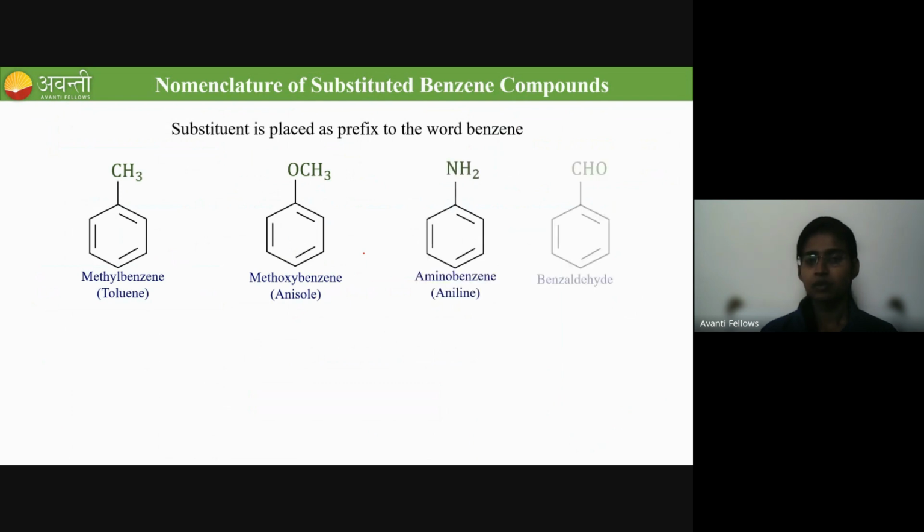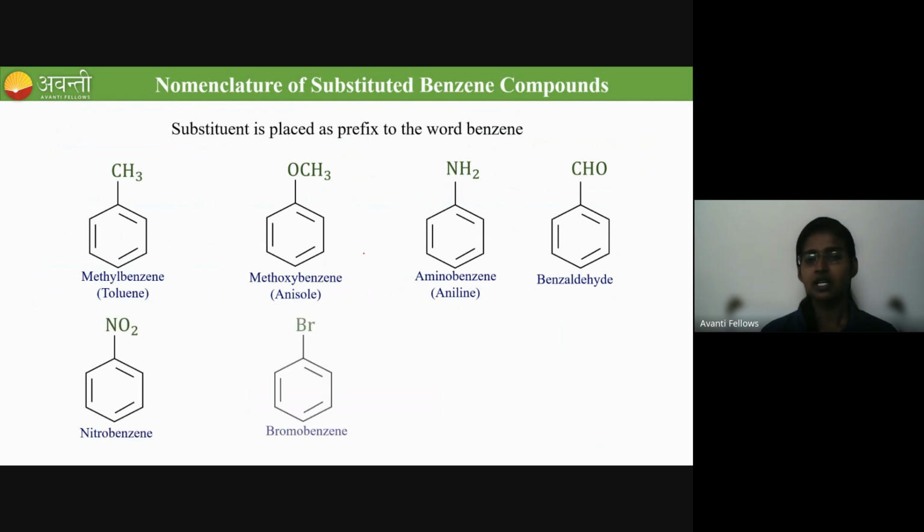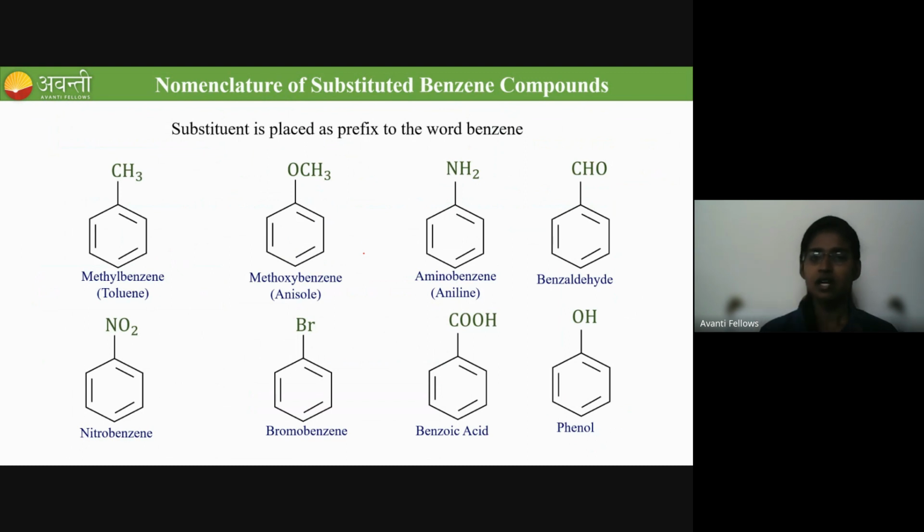NH2 is aminobenzene, CHO is benzaldehyde, NO2 is nitrobenzene, then bromobenzene, benzoic acid, and phenol. All these are monosubstituted benzene compounds, very important and easy also. They are the most common compounds we will be dealing with in the whole of organic chemistry.